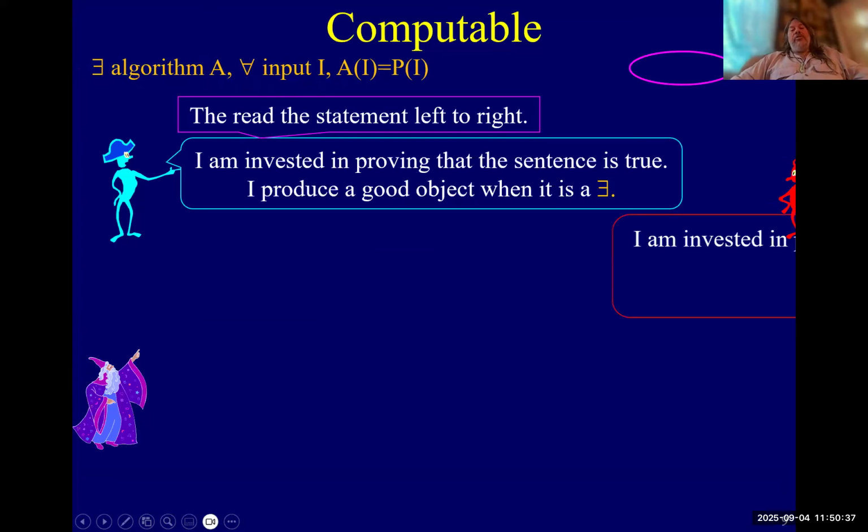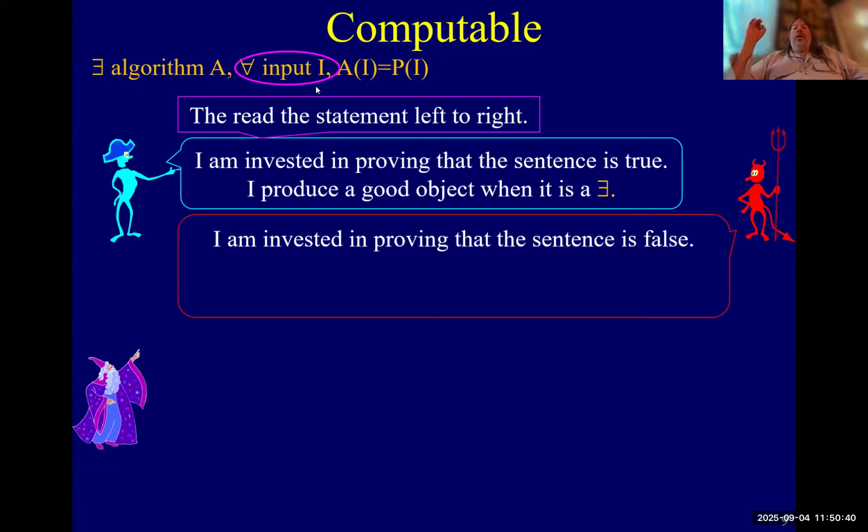Now, when we come over to the "for all," how do you prove that something is true for every input? If I say it's true for every input, then you might, as my adversary, say, I don't know, what about this input? Is it true for that input? And so we're going to have an adversary whose job is to try to prove the sentence is false. The way he's going to prove it's false is to produce an input.